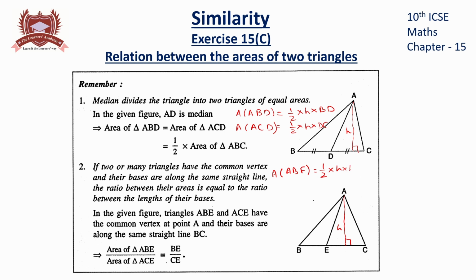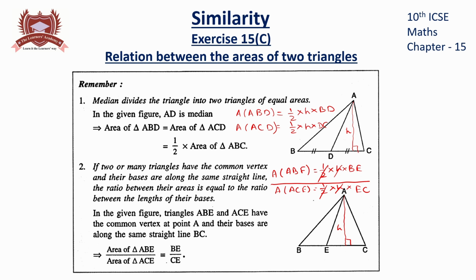So here the base would be BE. Same way I can write area of triangle ACE as half into H into EC. So if you cancel these out, the half cancels, H cancels because they're common, and we'll be left with BE upon EC or CE. So we get area of triangle ABE upon area of triangle ACE is equal to BE upon CE. So this is again important to understand, because here the bases are common.